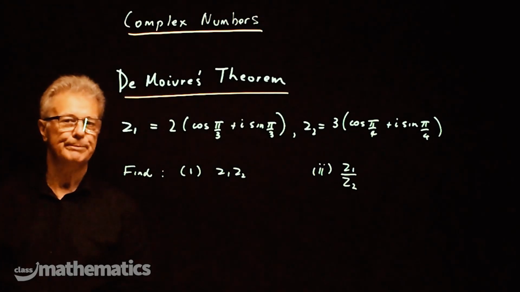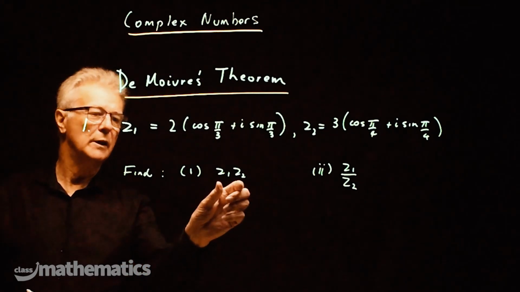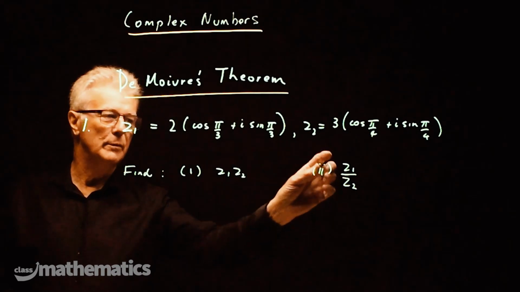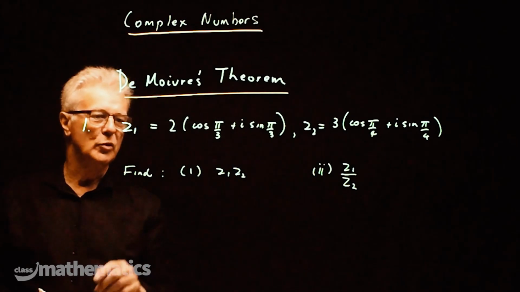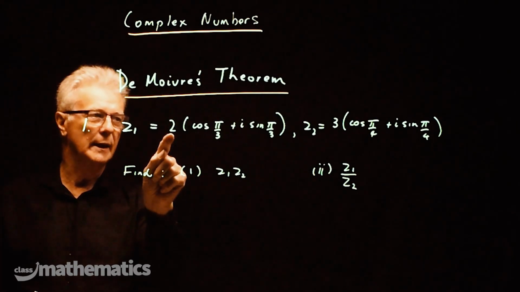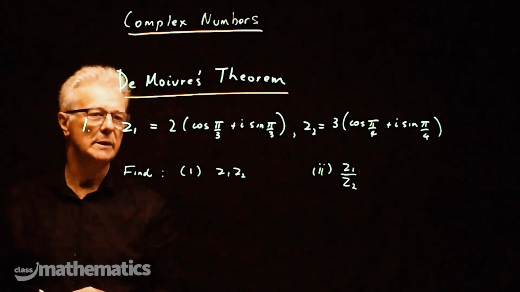De Moivre's theorem, number one: we have to multiply these two together and then divide them. De Moivre's theorem states that you multiply the moduli together and simply add the arguments.